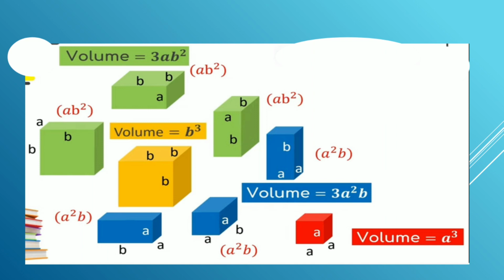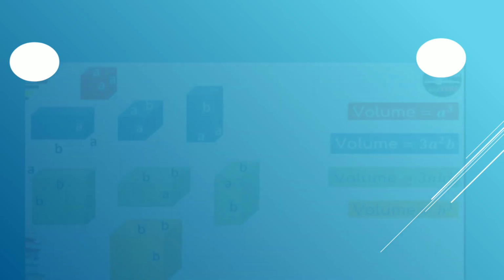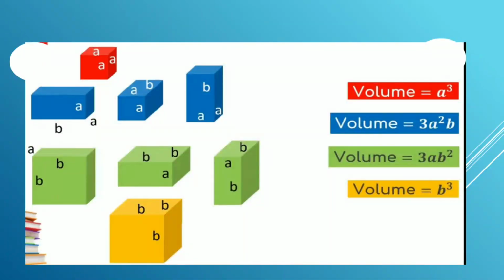Then we'll come towards the last cube that is left behind. We have highlighted this as the yellow one. We are going to find its volume, which is equal to b cube, because each of its sides is equal to b, and by multiplying all these we get b cube.